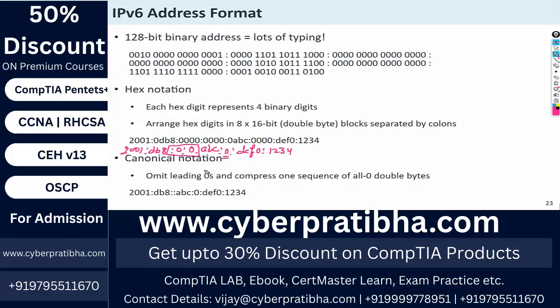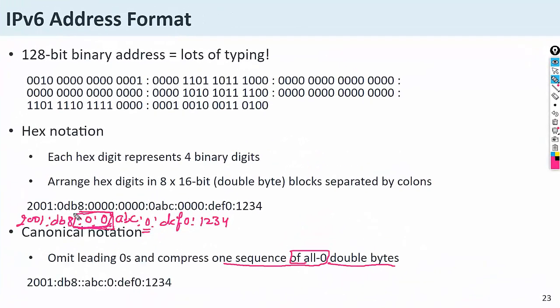Similar happened with this. But you can also compress one sequence of all zeros with a double colon. If there is a sequence of all zeros, you can remove these zeros as well and put a simple double colon. But the double colon can be used only one time.